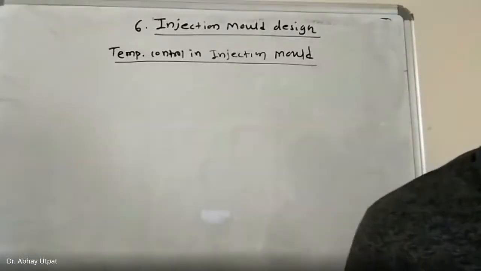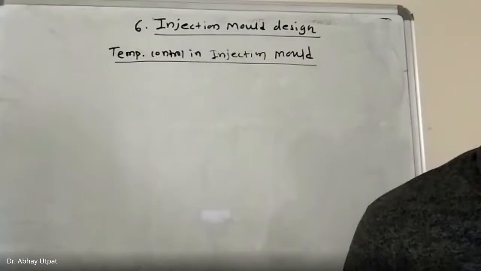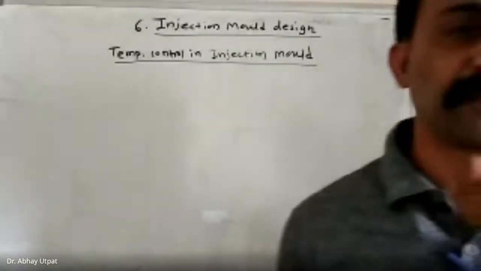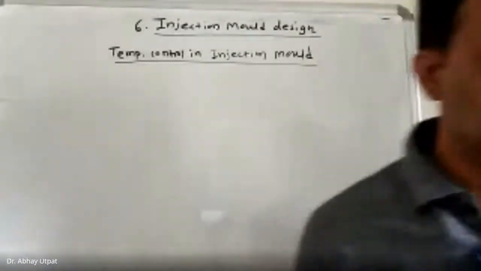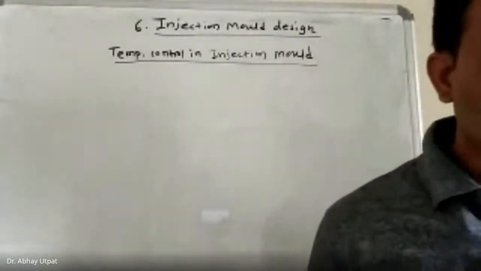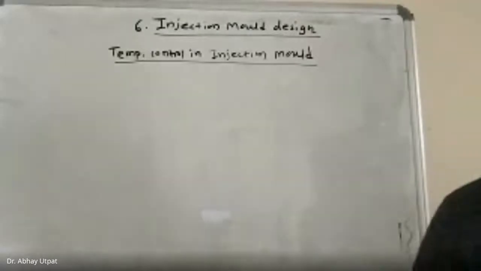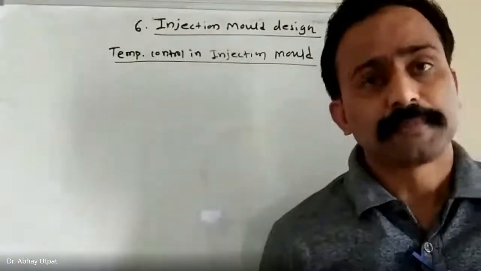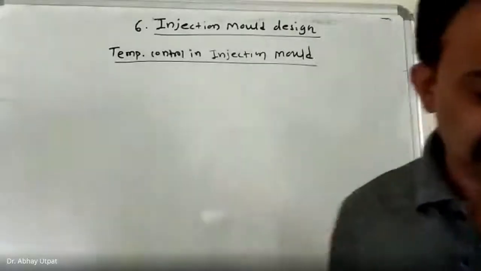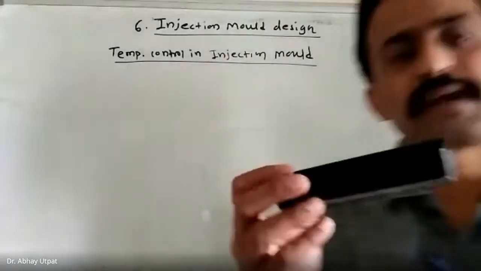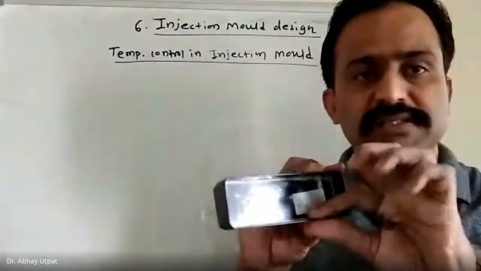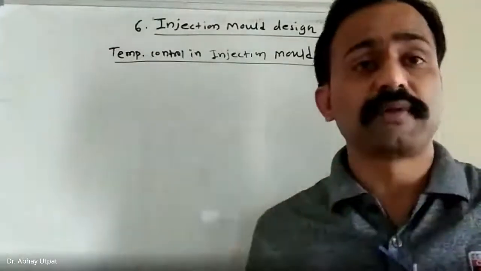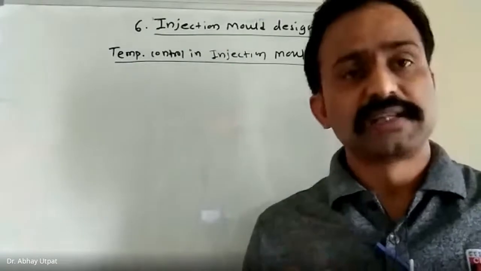Then mechanical properties, surface quality, flow length of thin wall, and cycle time are all controlled. The required cooling time increases rapidly with wall thickness. If the wall thickness is larger, the cooling time will also be different, because plastic is a bad conductor of heat.